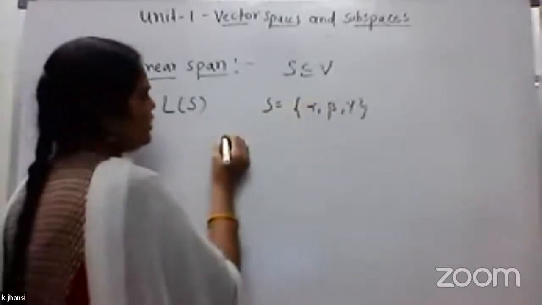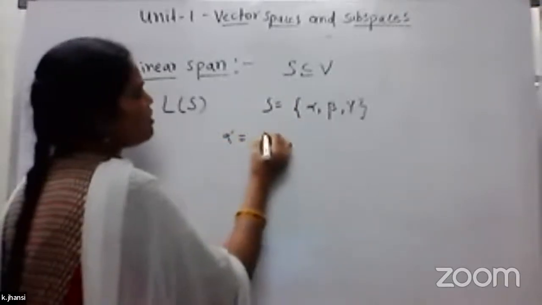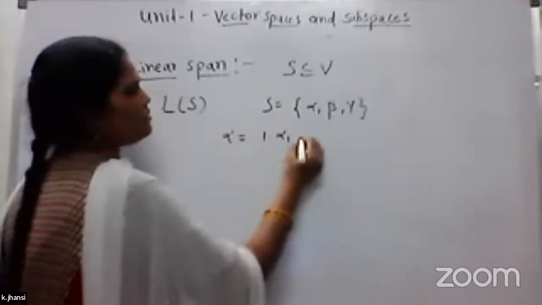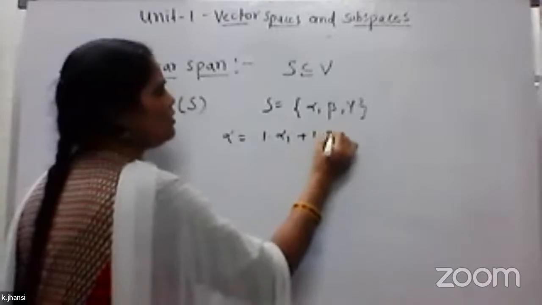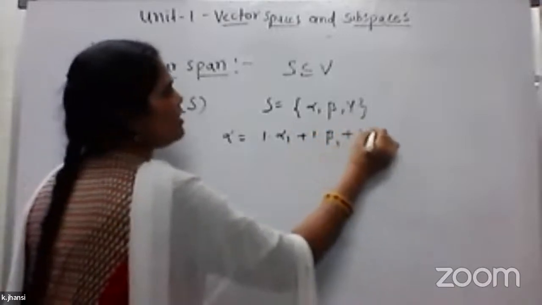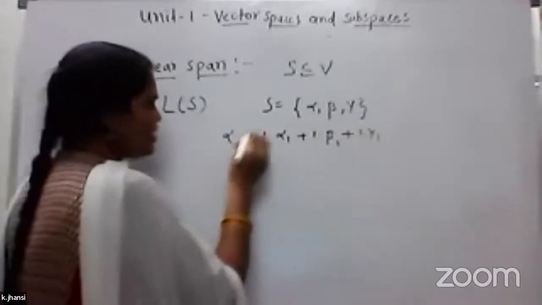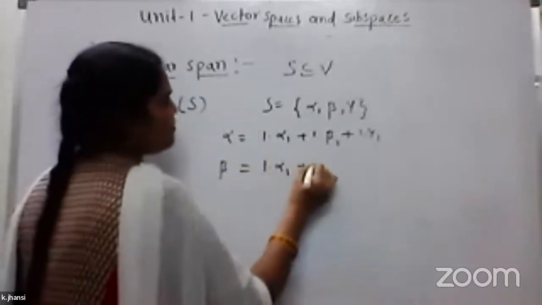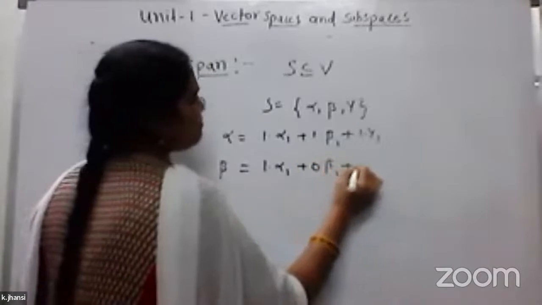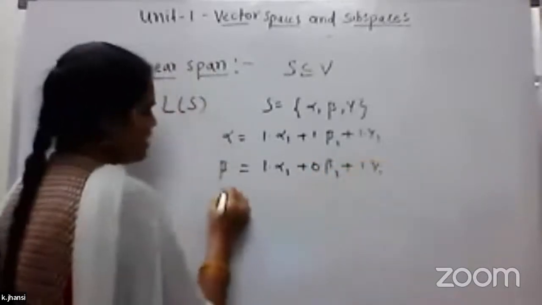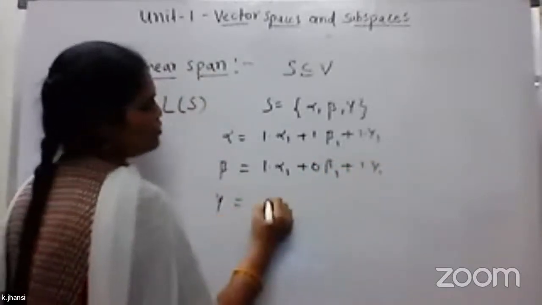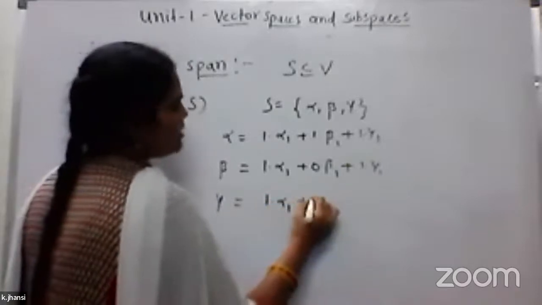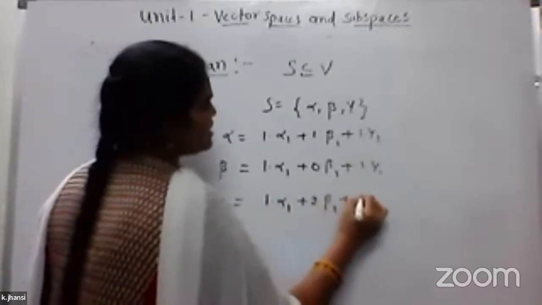So you can write alpha equals 1 into alpha 1 plus 1 into beta 1 plus 1 into gamma 1. Next, beta equals 1 into alpha 1 plus 0 into beta 1 plus 1 into gamma 1. Next, gamma equals 1 into alpha 1 plus 2 into beta 1 plus 1 into gamma 1.